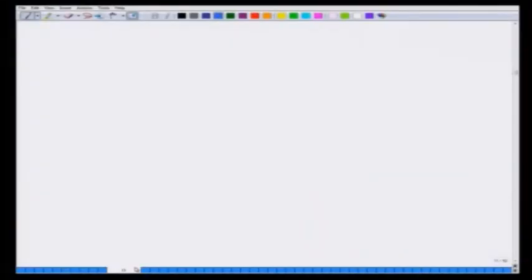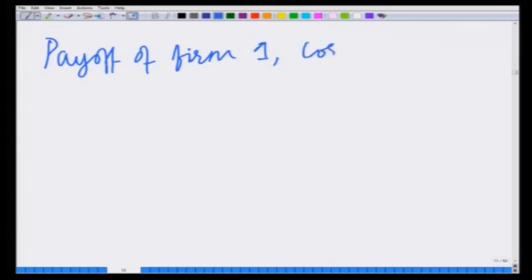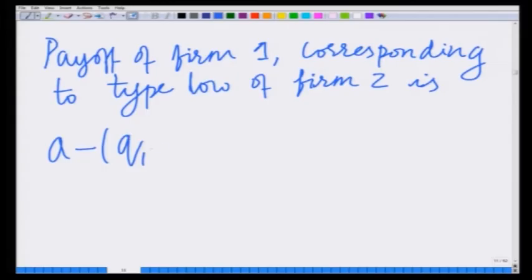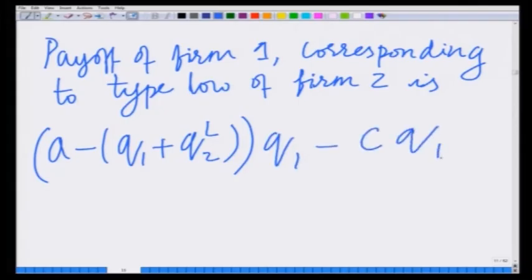The payoff of firm 1 corresponding to type low of firm 2: firm 2 of type low is producing Q2L, so the price is A minus Q1 plus Q2L. Therefore, the payoff is A minus (Q1 plus Q2L) times Q1 minus the cost C times Q1.